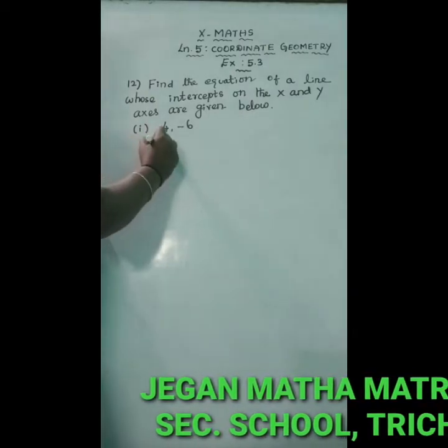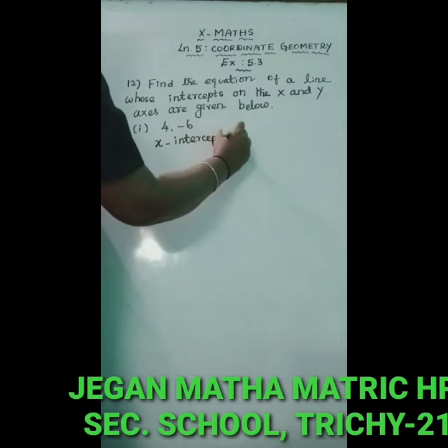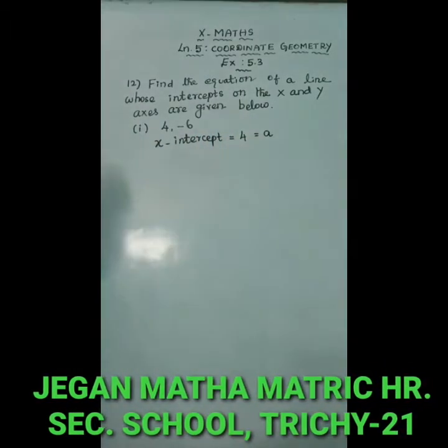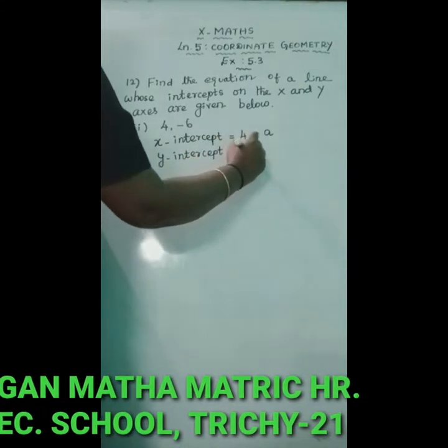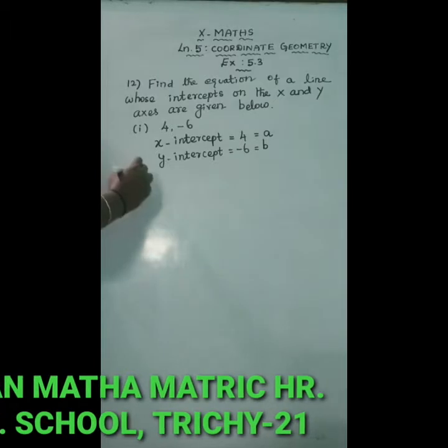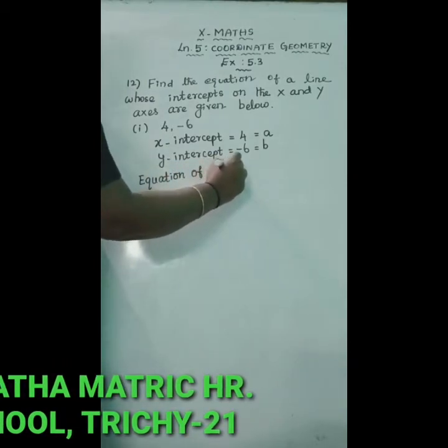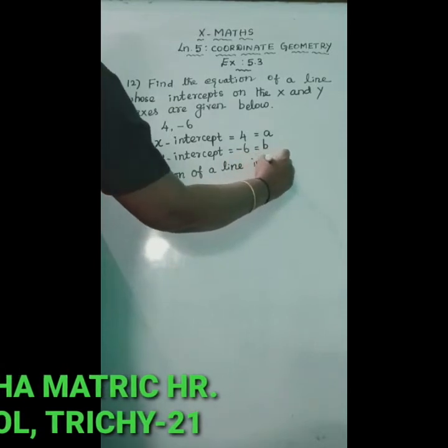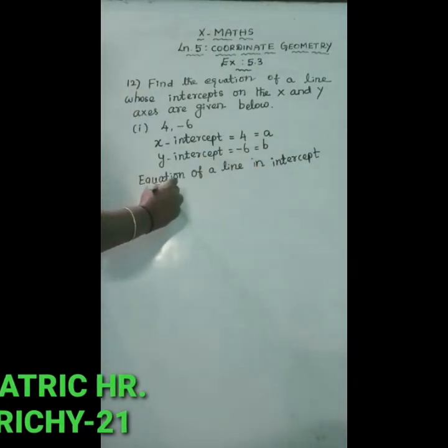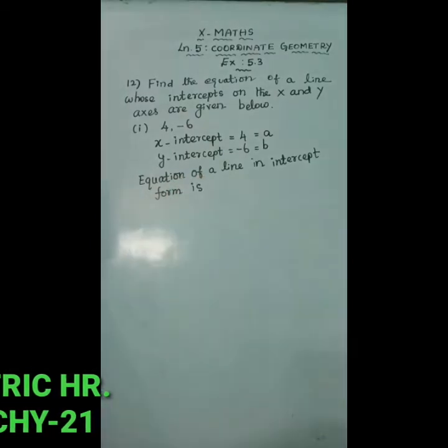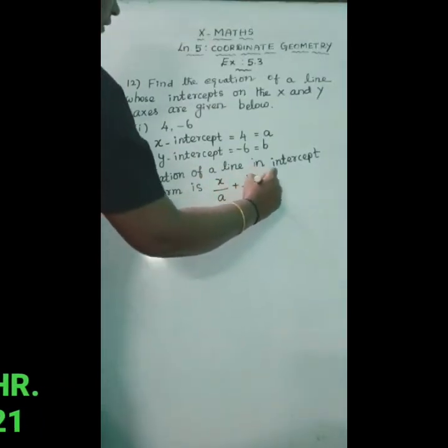So, we write the solution in the first line given. x intercept is equal to 4, that is we consider A, and y intercept is minus 6, that is B. So, the equation of a line in intercept form is x divided by A plus y divided by B is equal to 1.